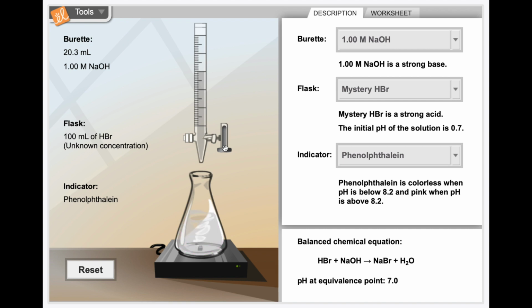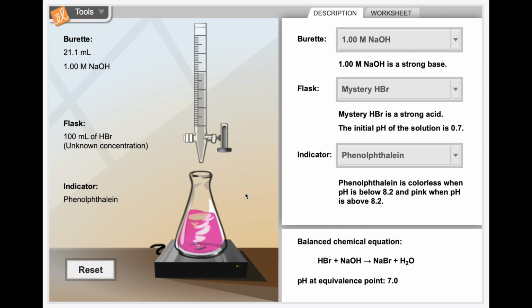Oop, not quite. There it is. Right. So now that the pink is staying, I have reached my equivalence point.